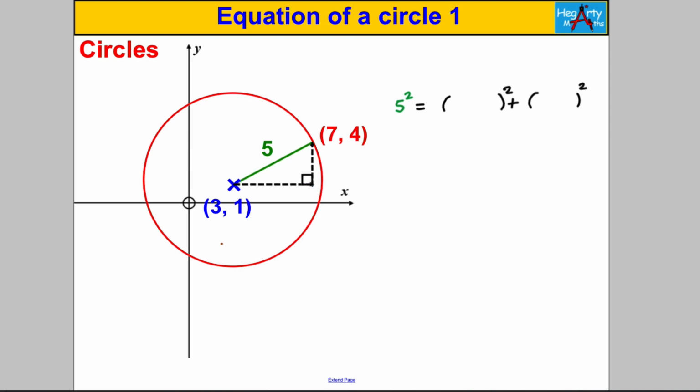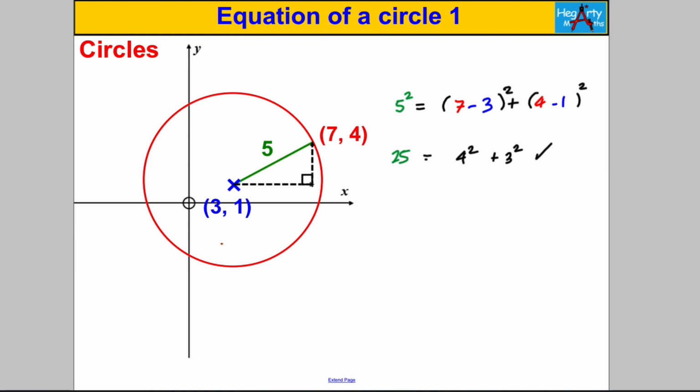This distance is how far across you've gone, which is 7 take away 3, so that's 7 subtract 3 all squared, and this height is 4 subtract 1, so that's 4 subtract 1 all squared. And we could check if that holds. Well, 5 squared is 25, and 7 take away 3 all squared is 4 squared, and 4 take away 1 all squared is 3 squared. And again, it's true that 4 squared is 16, 3 squared is 9, 16 add 9 is equal to 25.